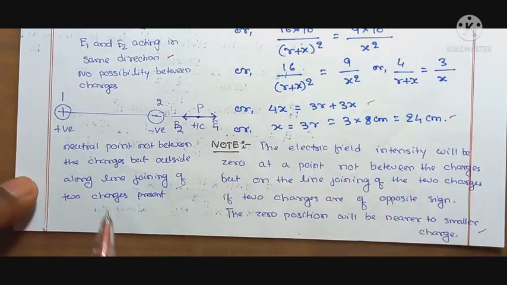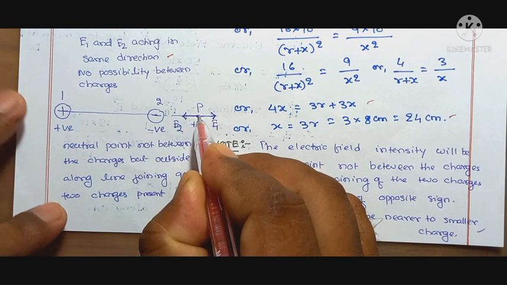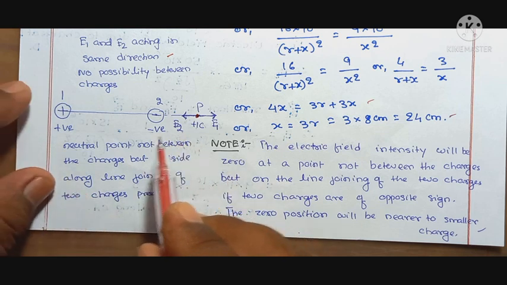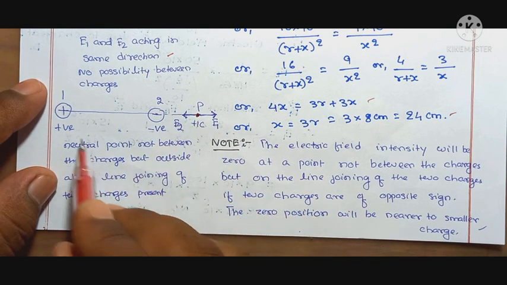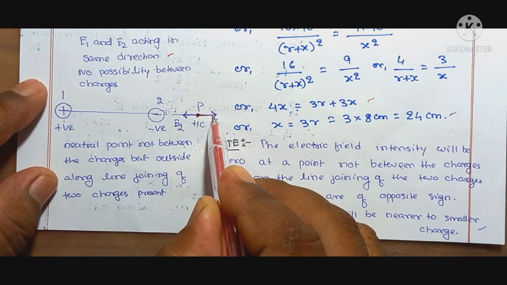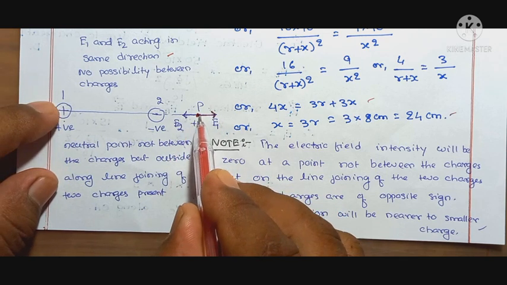Now when this is positive charge, this is negative charge, consider a point not between the charges but along the line joining of the two charges, outside the charges. Then in this observation point place +1 coulomb charge. ये positive charge है, ये +1 coulomb charge will move in this direction because this is plus, this is plus.